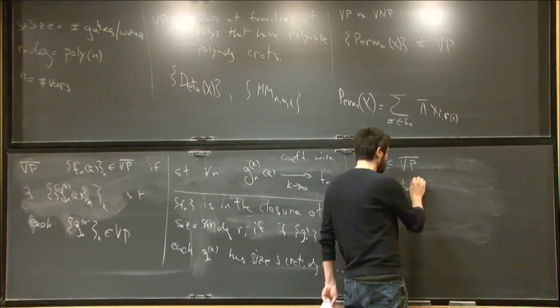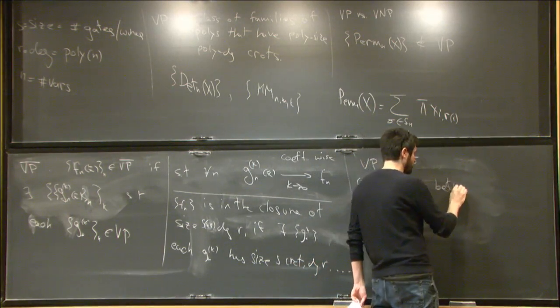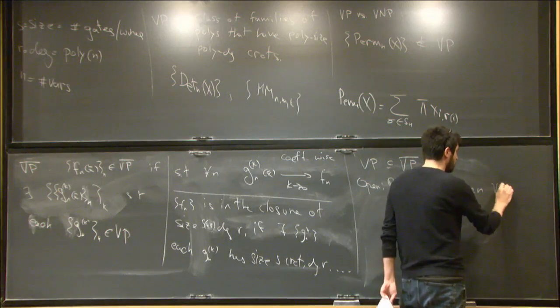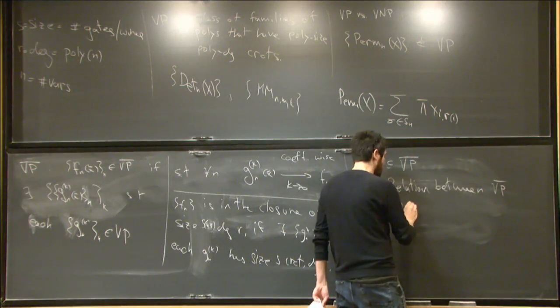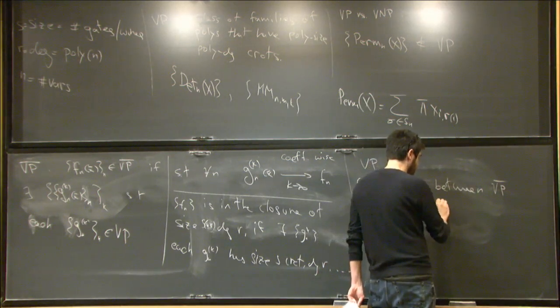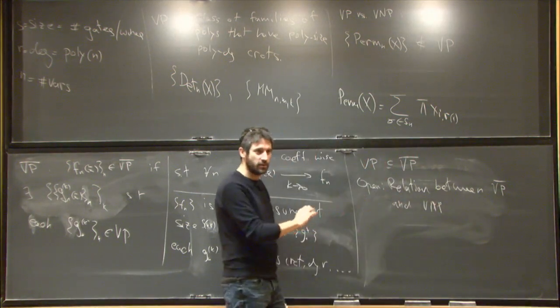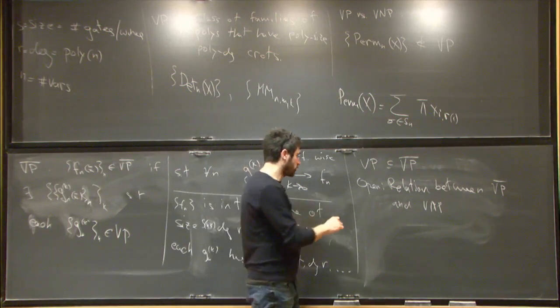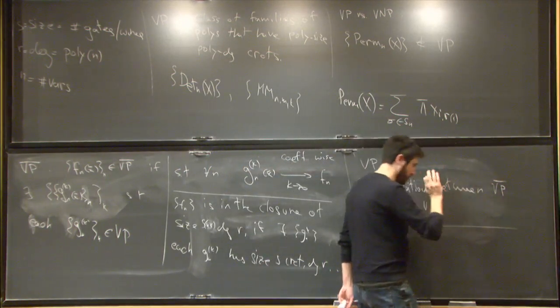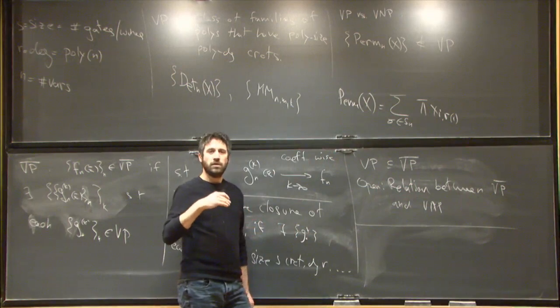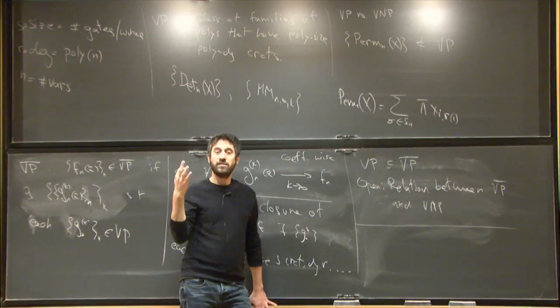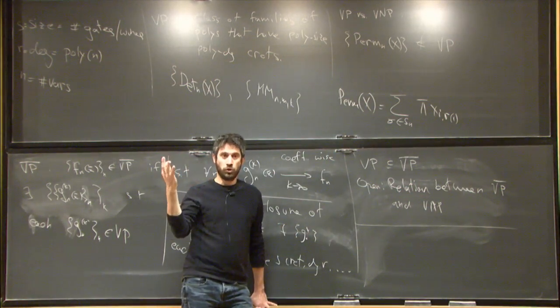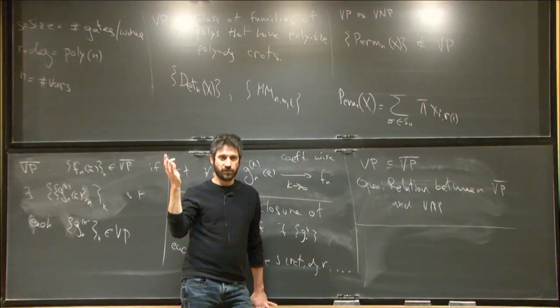The relation between, and I'll say more about it, VP bar and VNP, which again, I did not define. But one way to think about VNP, if you don't want to go into more definitions, you can define VNP by a complete polynomial. That's another way of defining complexity classes, by complete problems.